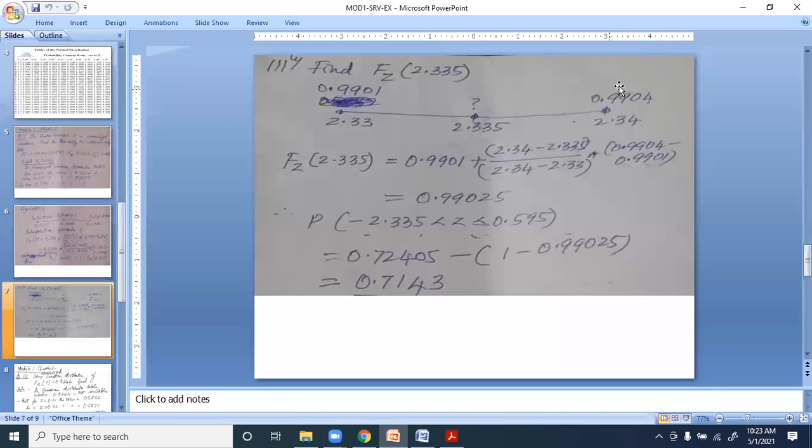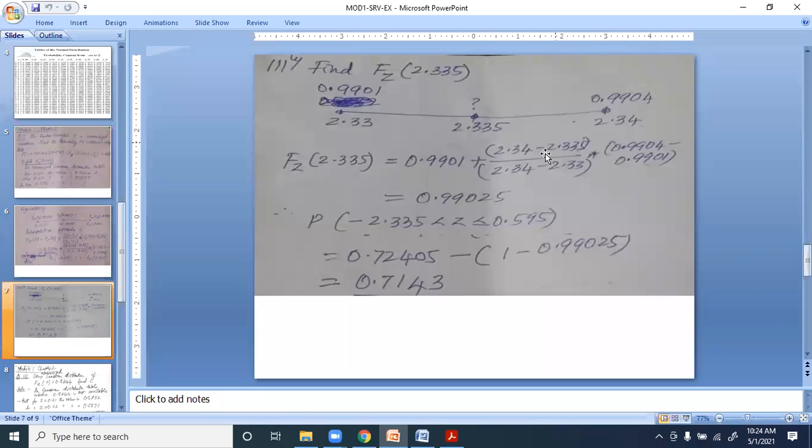So again we need to write F(Z1) plus the interpolation term. It depends upon us; you can write 2.34 minus 2.335, or 2.335 minus 2.33, both are the same. However, it's exactly in the middle. Because it is exactly in the middle, this value also will be exactly in the middle.